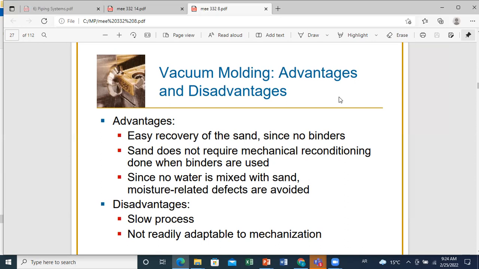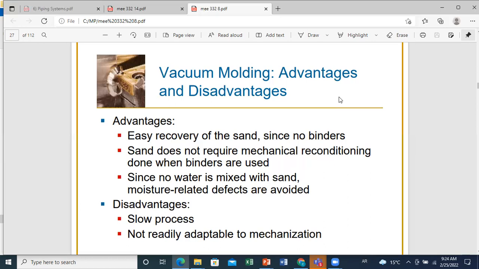Now, concerning these advantages, vacuum molding is a relatively slow process because you need more time. Instead of just adding binders to your mixture and having your sand particles adhere together, you need to create a vacuum. And creating a vacuum is not very simple.